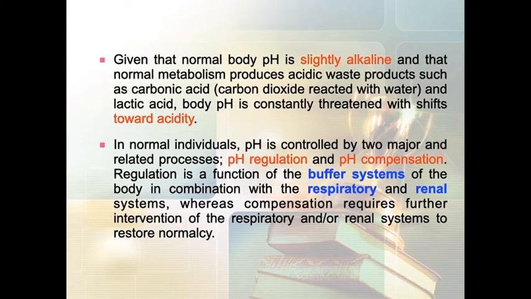Given that normal body pH is slightly alkaline, because we learned in chemistry that the neutral one is 7, and when it's between 7.35 and 7.45 it's slightly alkaline, right? And that normal metabolism produces acidic waste products such as carbonic acid, from carbon dioxide reacting with water, and lactic acid.